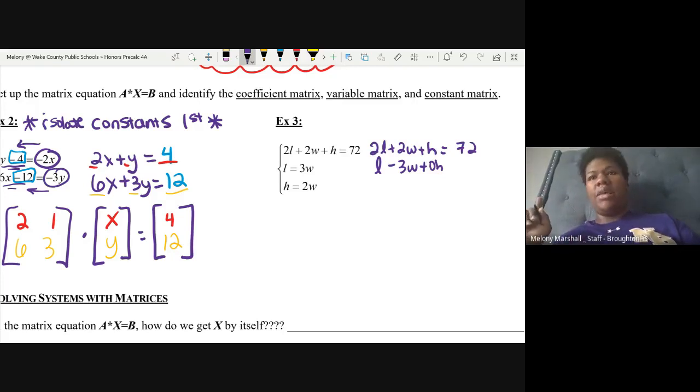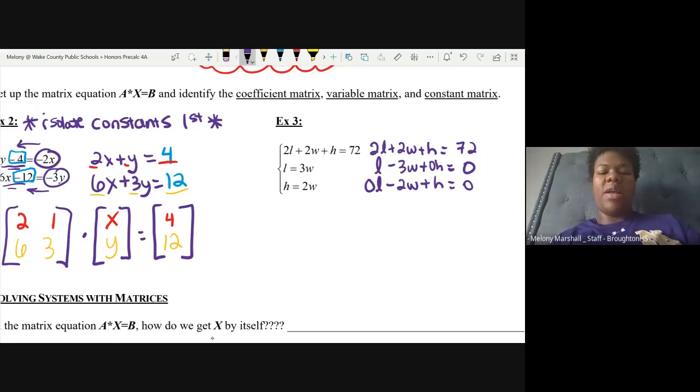That doesn't just stay empty. You got to make sure it's a 3 by 3 with numbers in all of the spots. Equals 0. And then again, L is first, but there is no L. W is next, so minus 2W. H is last, so plus H. And then there's no constant, 0.